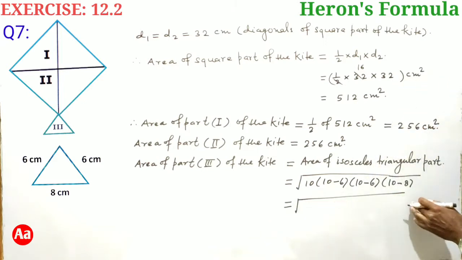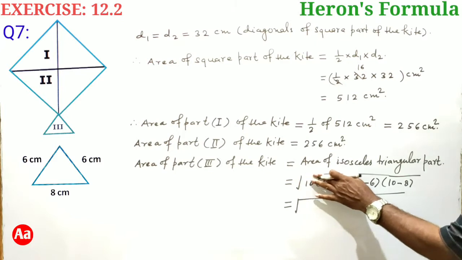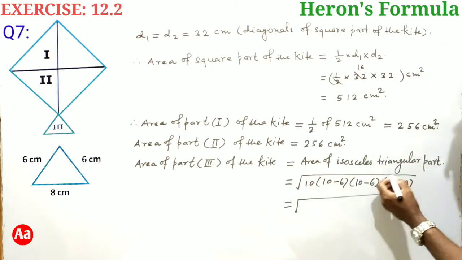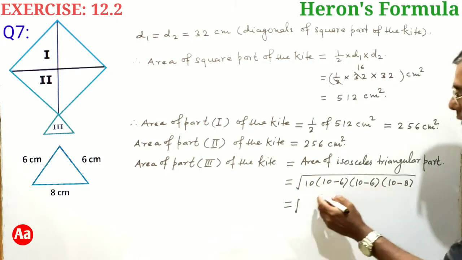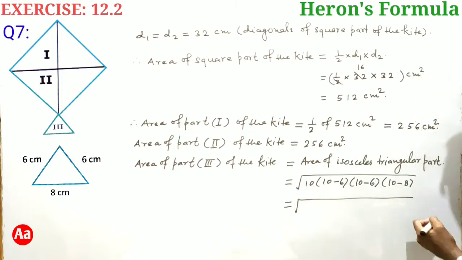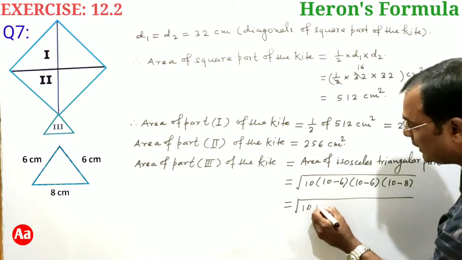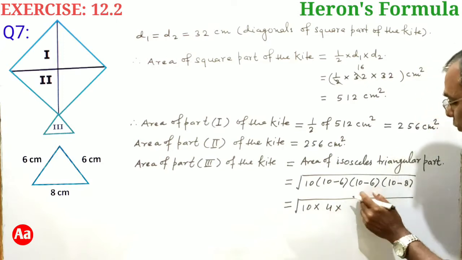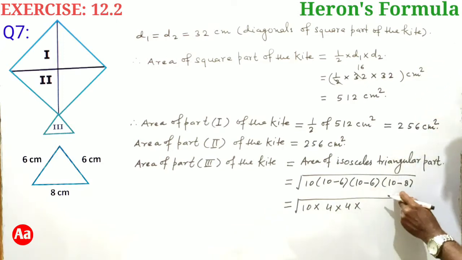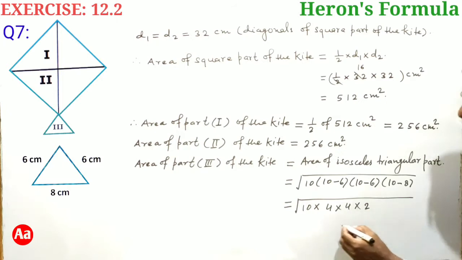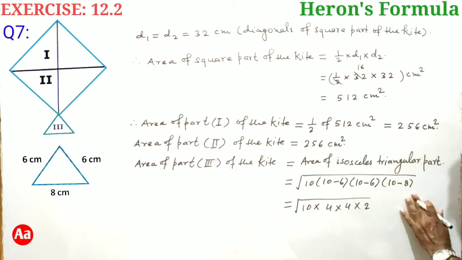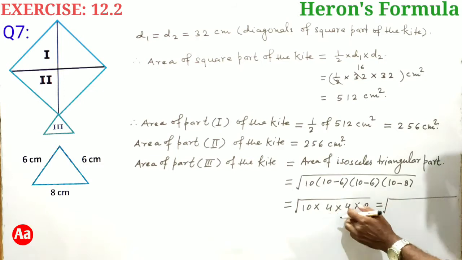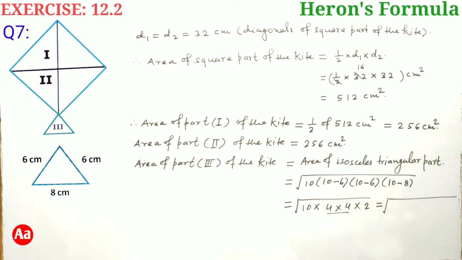Under root, let me write, this is under root 10 into 10 minus 6, 4, into 10 minus 6, 4, into 10 minus 8, 2. This 4 into 4 is one pair, so the square root is 4.